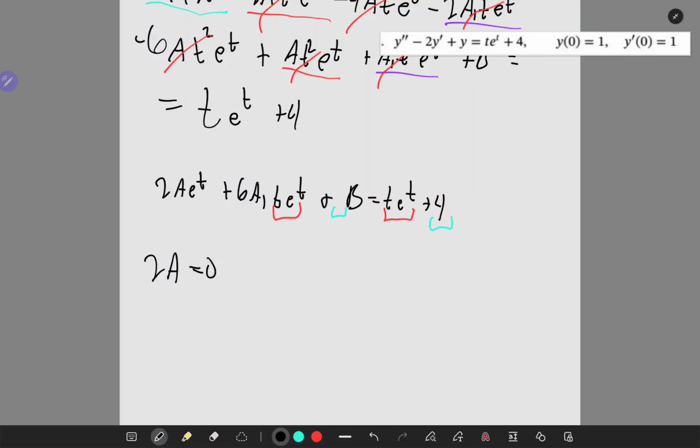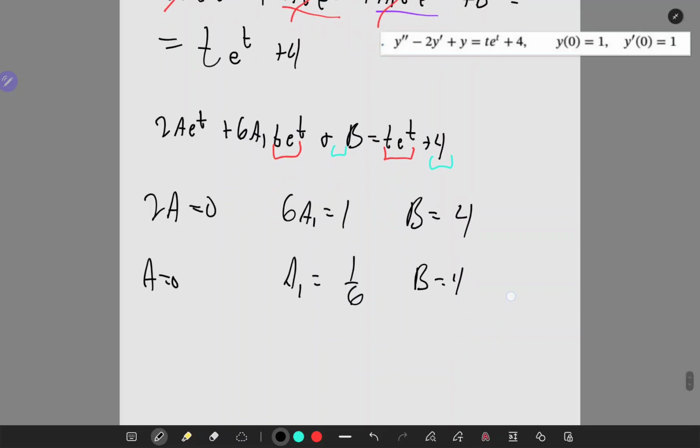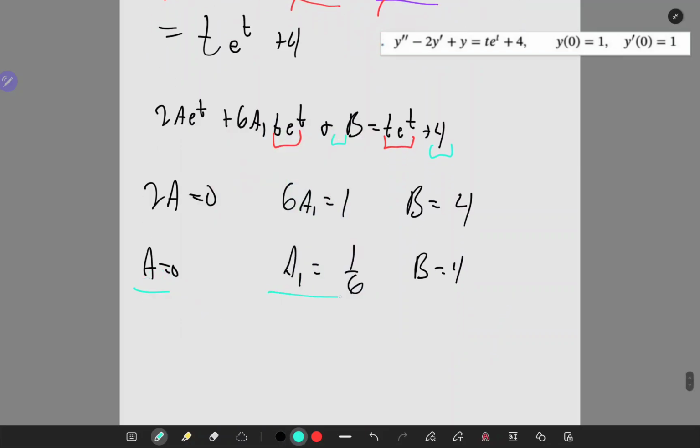Doesn't match anything. The 6a1 goes with 1. And the b goes with the 4. Yep. So a is 0, a1 is 1/6, and b is 4. So we got these.